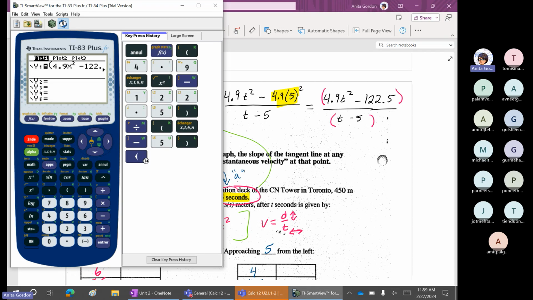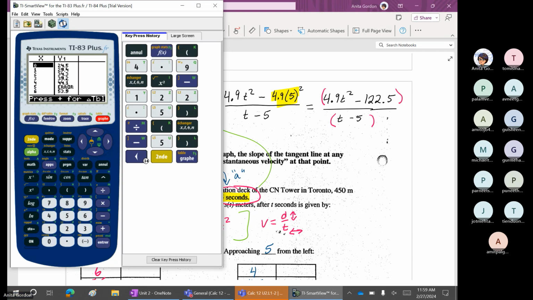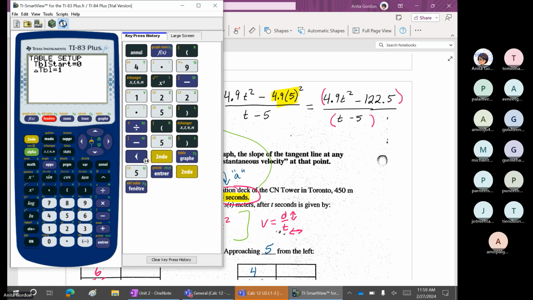Now I'm going to go second, table. And I'm going to type in some numbers. Let's see, 5. Oh, I need to change my table set. Make sure that your independent is set to ask, not auto.